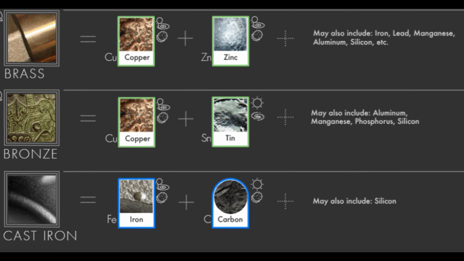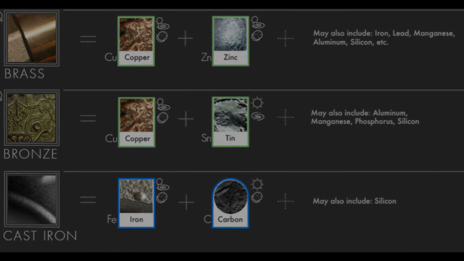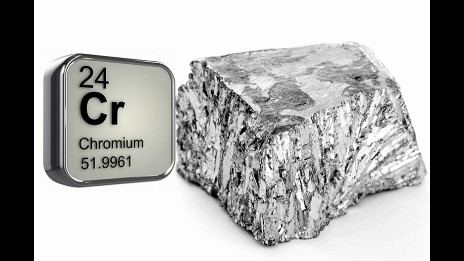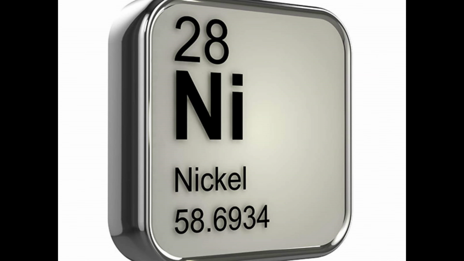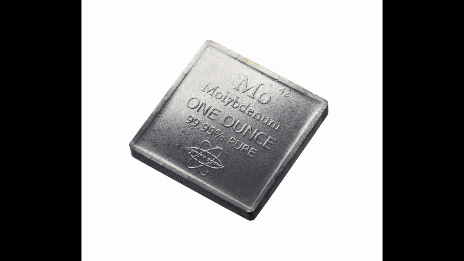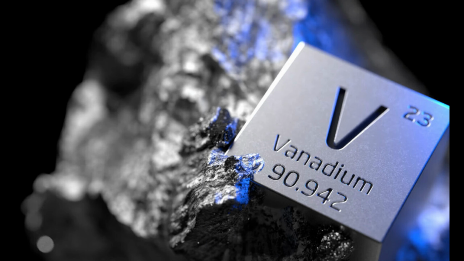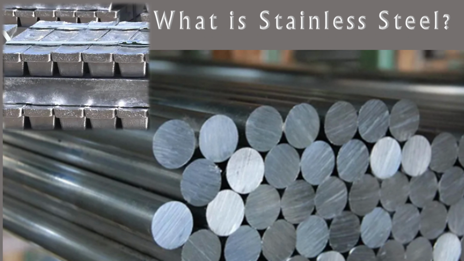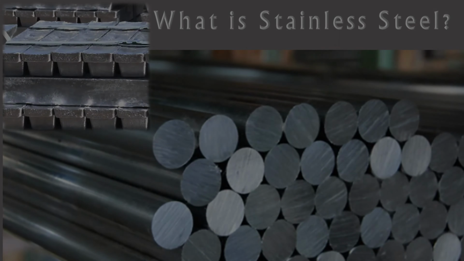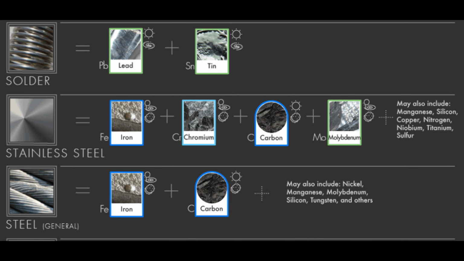More highly alloyed iron-based alloys, and there are elements like chromium, nickel, molybdenum, vanadium are probably the most common alloying elements. One good example is the whole category of stainless steel. Stainless steel, which was developed in the 1920s and 30s, has principal alloying elements of chromium and nickel.